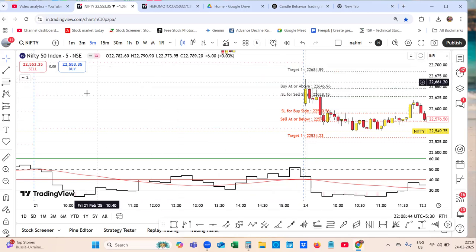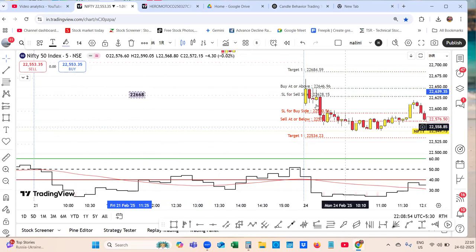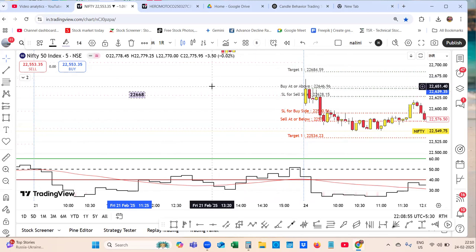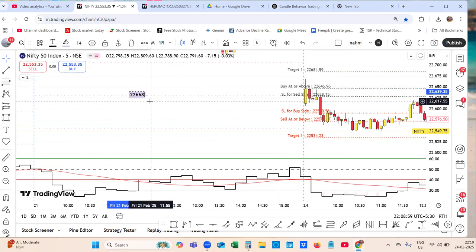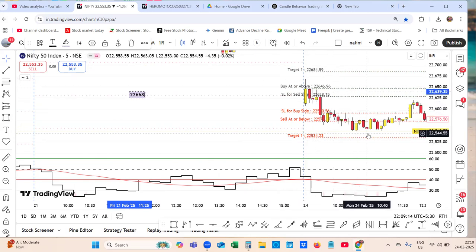The highest price of the candle is 22,668. The purpose of calculating this level with the Fib ratio is to identify when I need to cover my shorts, to what extent the price will move downwards.